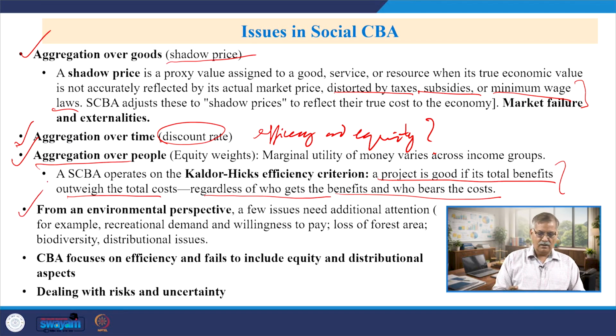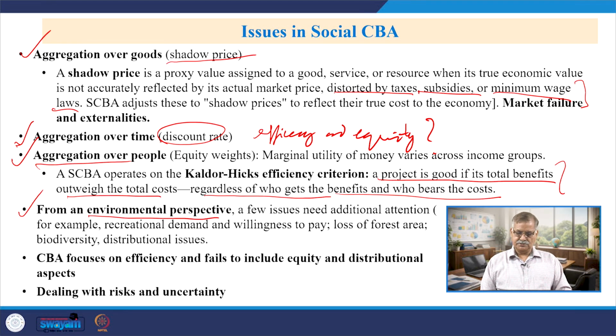Then, in addition to these three key issues, aggregation over goods, aggregation over time, and aggregation over people, there are some other associated issues related to cost benefit analysis, and we have to understand them also, like the environmental perspective of cost benefit analysis.